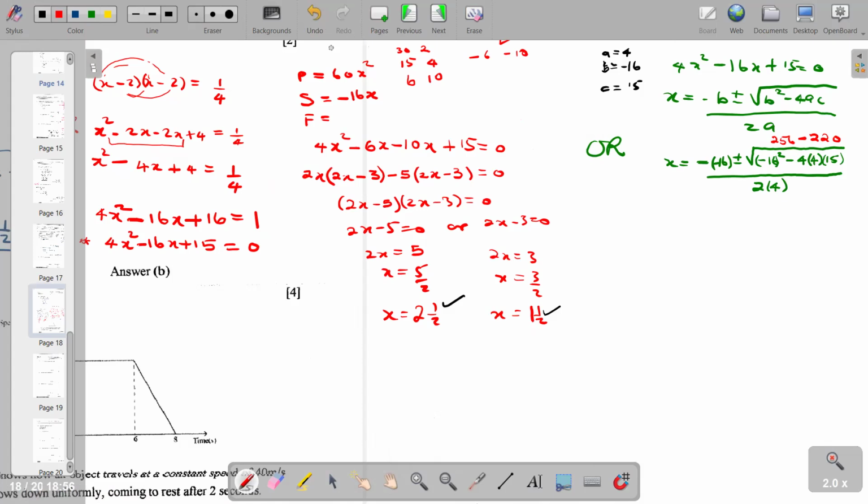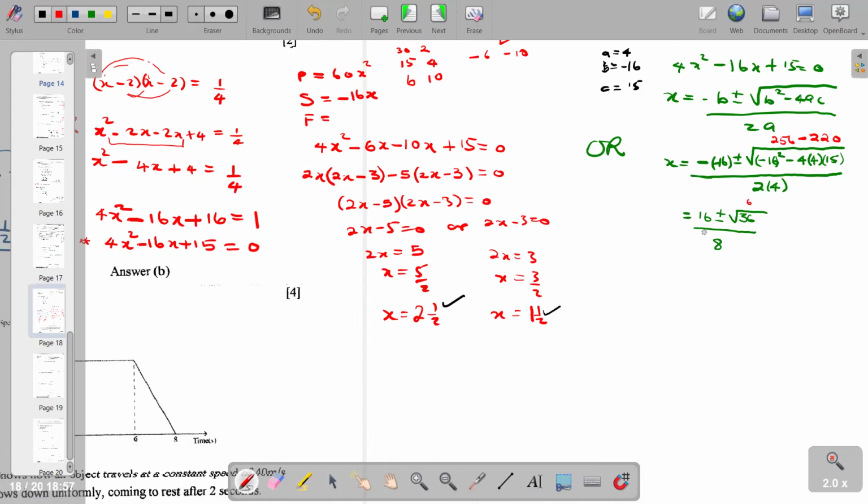So you would realize that your x there was going to be equal to, this one, minus minus becomes 16. Take note there. It becomes 16 plus or minus the square root of 36 all over 8. We know the square root of 36 is 6.